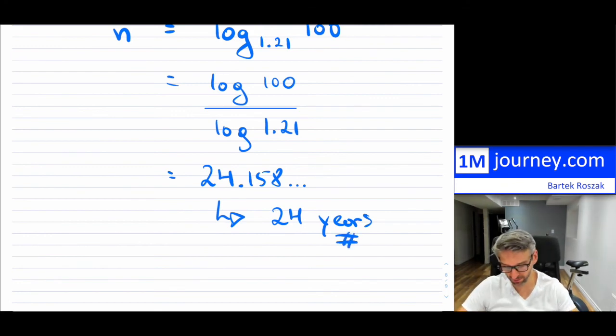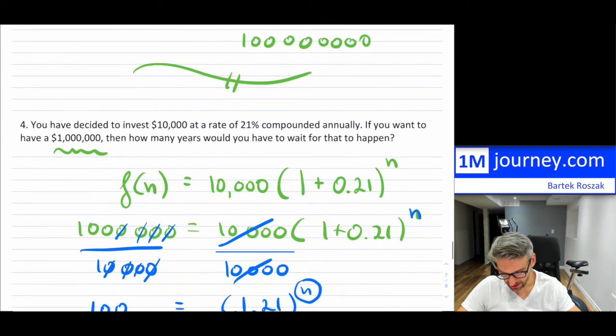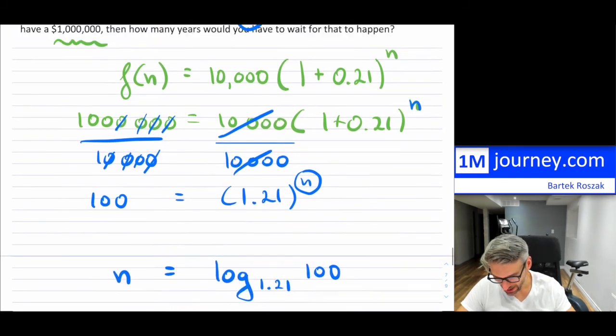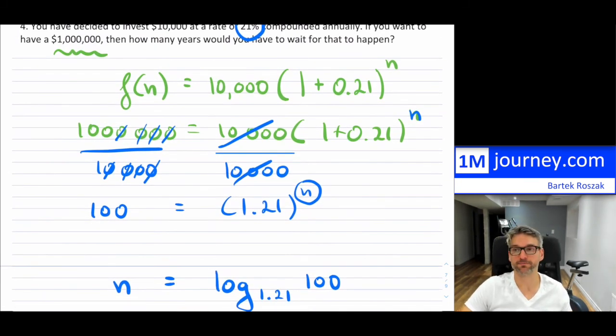Now the only problem is, of course, you're assuming that you're getting 21% growth on your money, which is going to be hard to find in an investment like that, but this is how it would work. All right, so 10,000 to $1 million. That was question number 4.